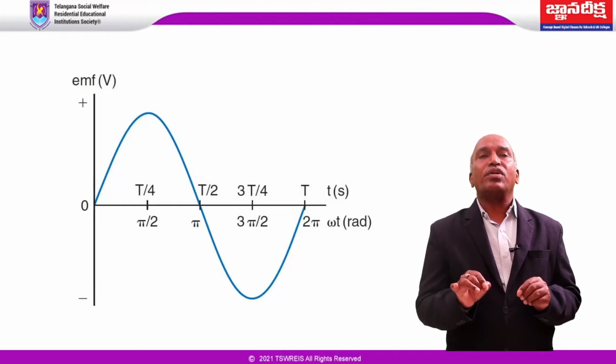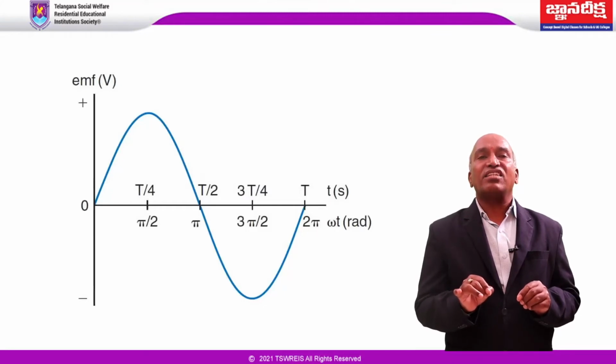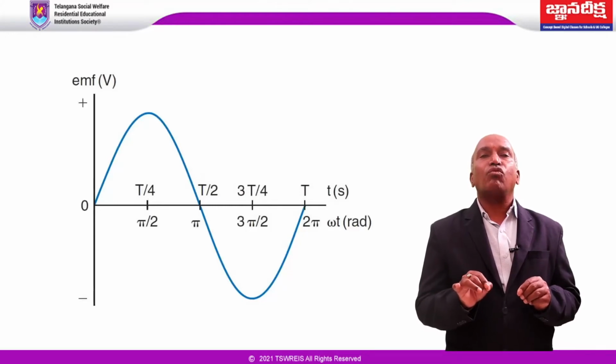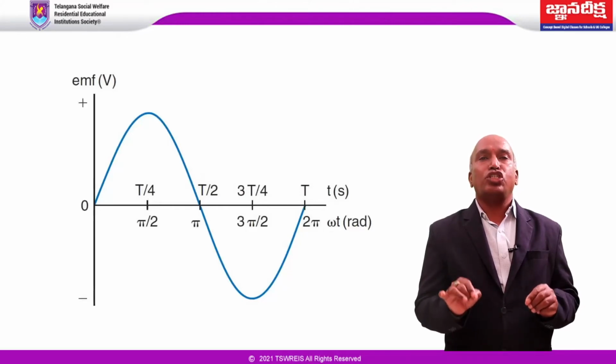At T by 2, EMF will become 0. At this point, the angle rotated by the coil is pi radians. At 3T by 4, EMF becomes maximum in the reverse direction. On completion of one cycle at T, again EMF will become 0.